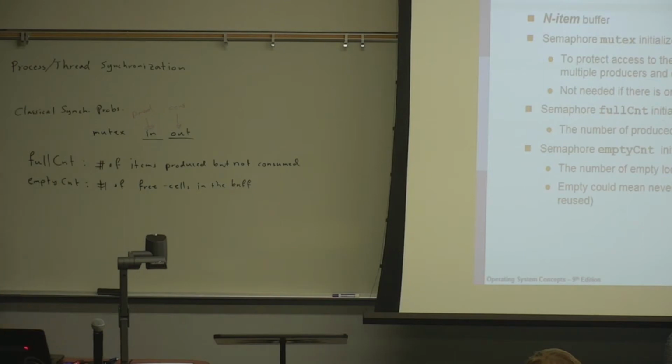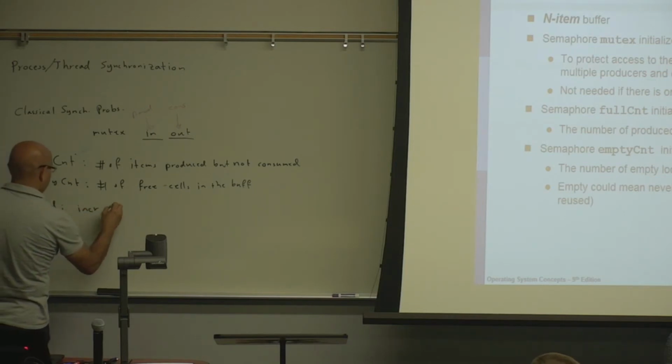So now, when the producer produces an item, what should it do with full count? Increment it or decrement it? The producer should increment full count.